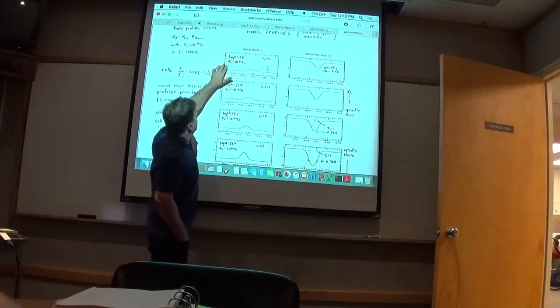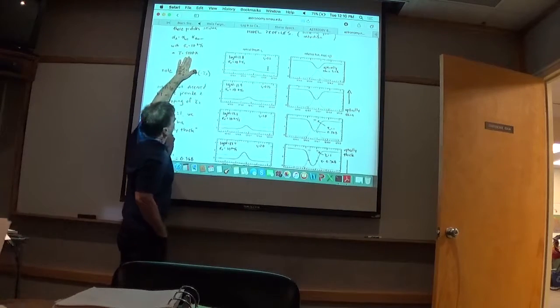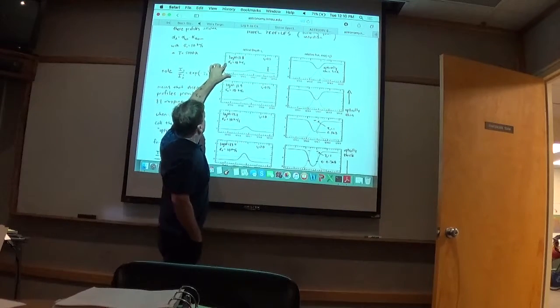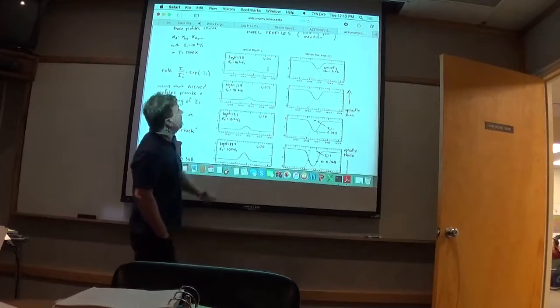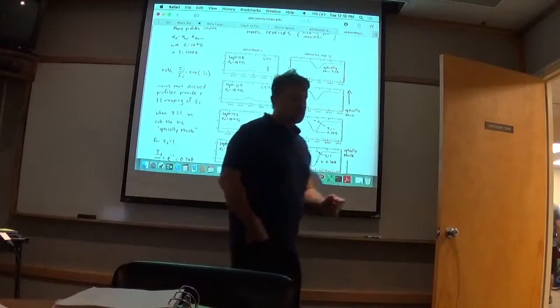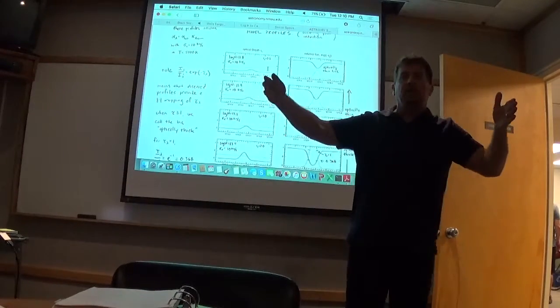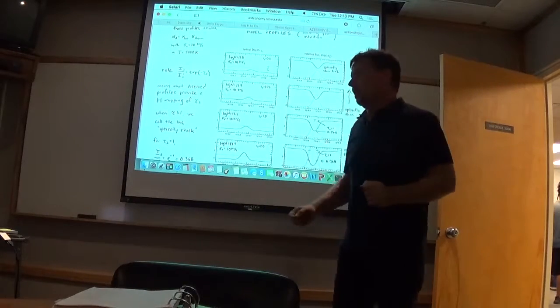So here, again, my sigma v is 10 kilometers per second for 5,000 degree gas. And then I'll say, hey, I'm going to choose a column density of 10 to the 12.8. Column density means the integral of the density times the path length is 10 to the 12.8 atoms per centimeter squared.